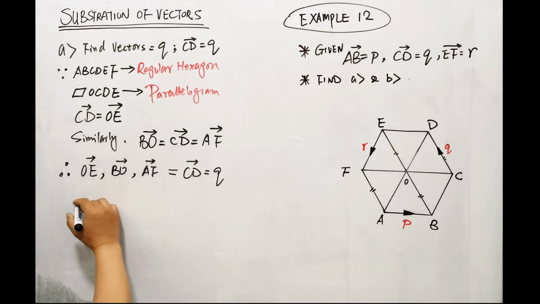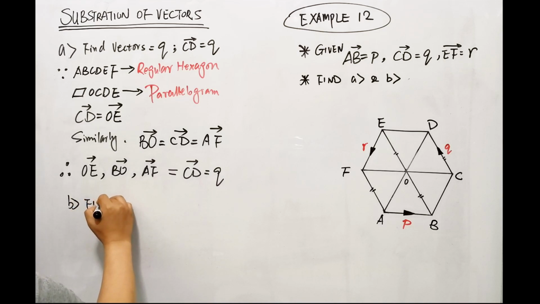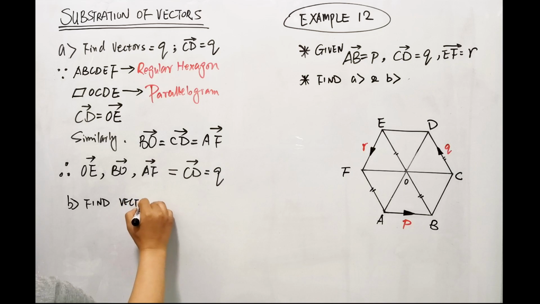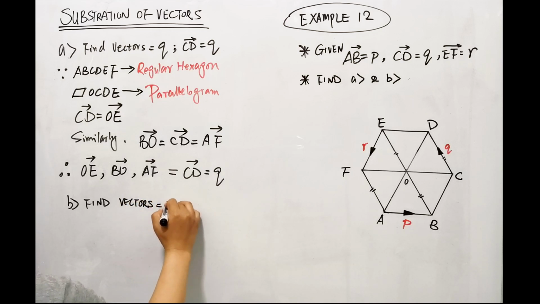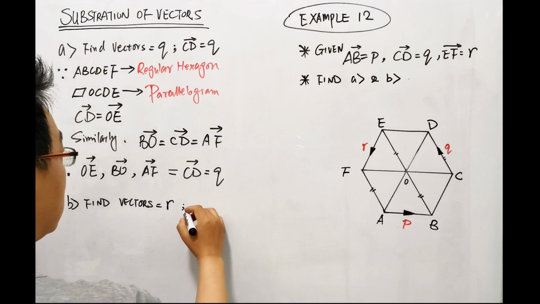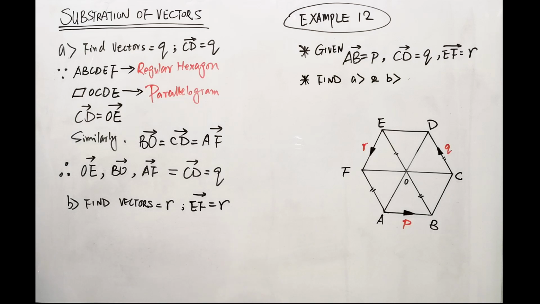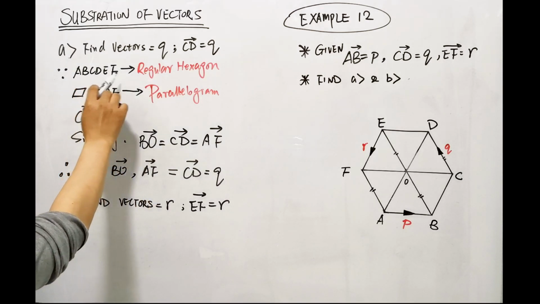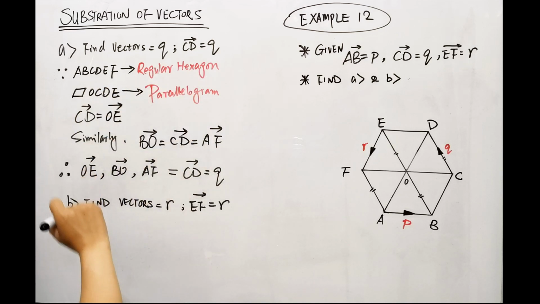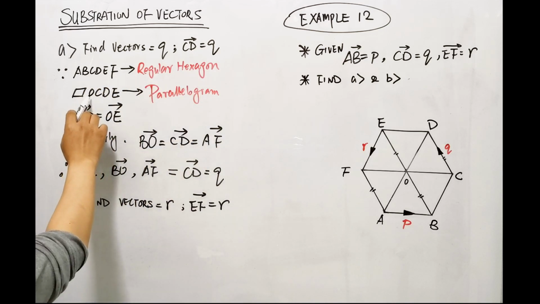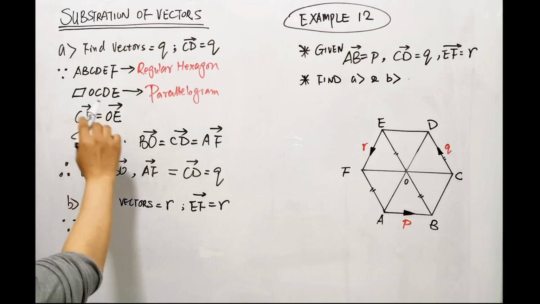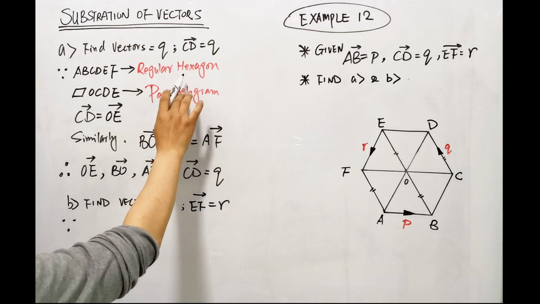Find the vectors equal to R. We know that EF equals R. Because ABCDEF is a regular hexagon, from here we know that, and we also know OE.